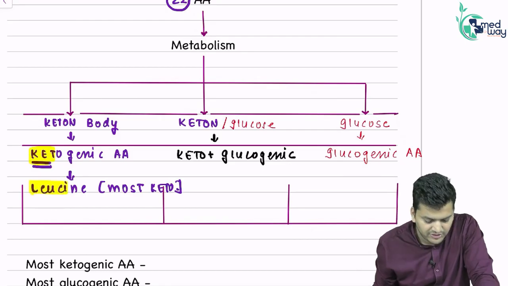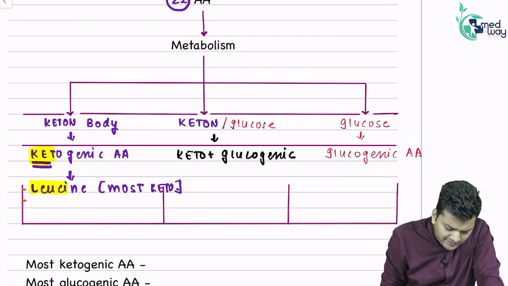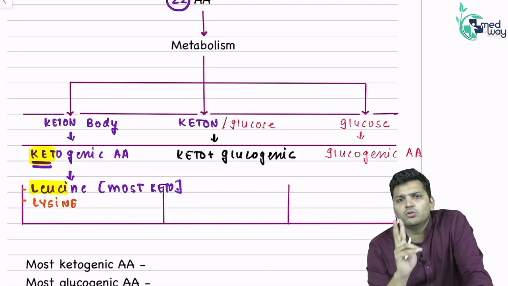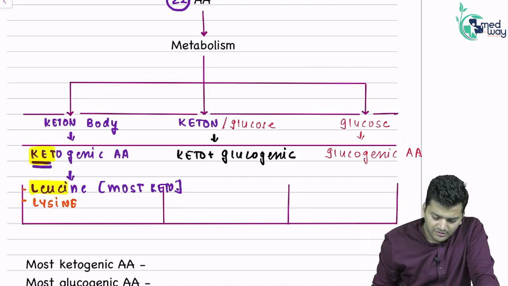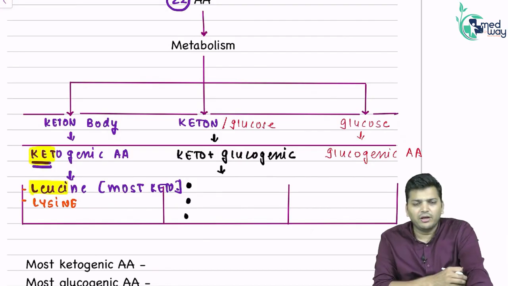Leuci is the most common name of a pet cat. There is one more amino acid which mostly makes ketone bodies, that is lysine. Lysine is also ketogenic, but if you have to select one, which is the most ketogenic, which makes the maximum ketone bodies, it is leucine.